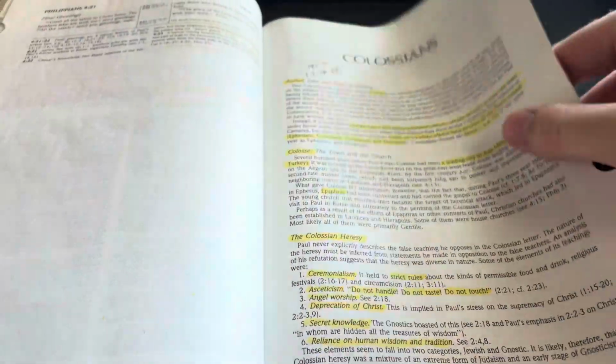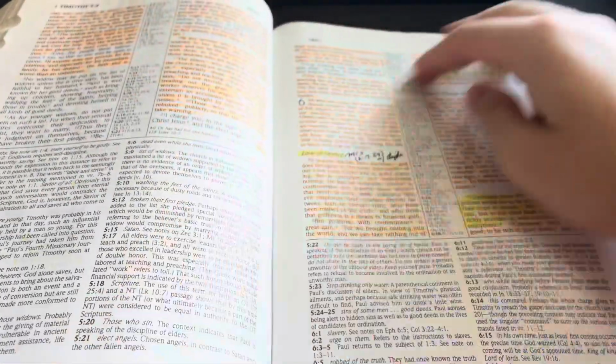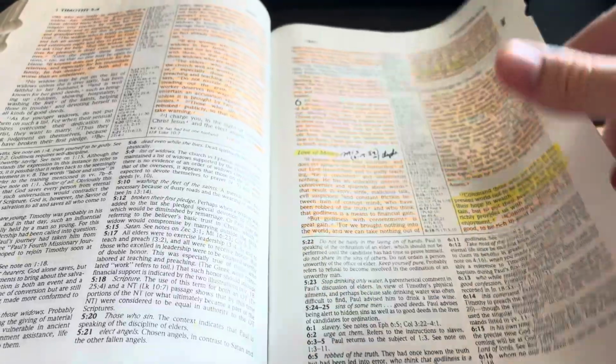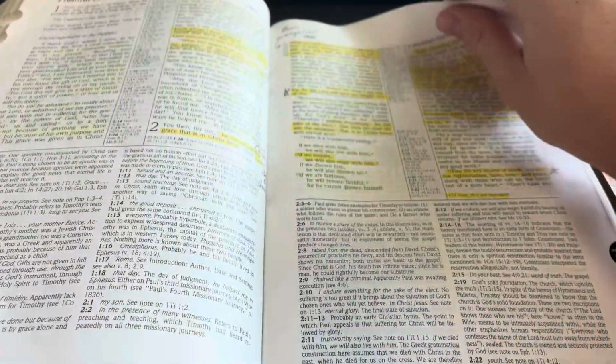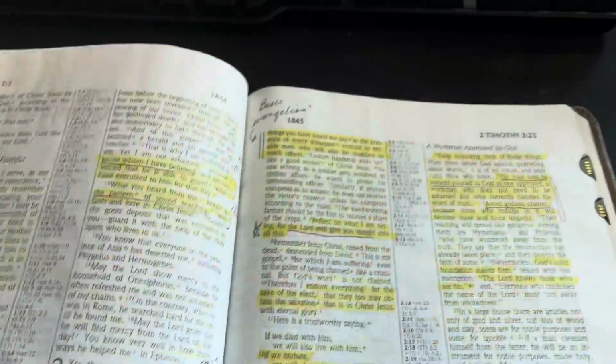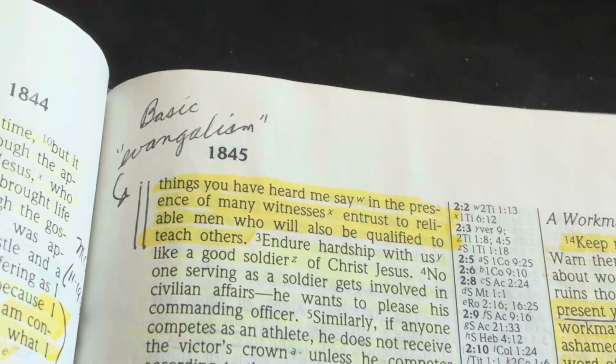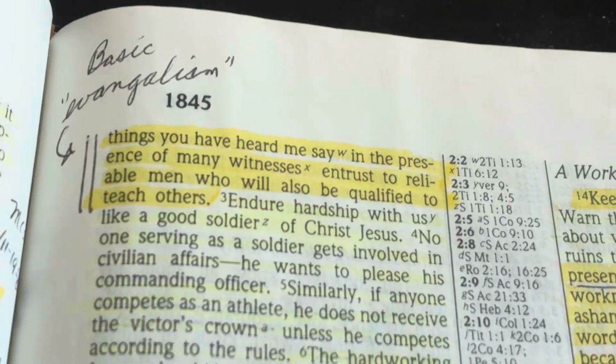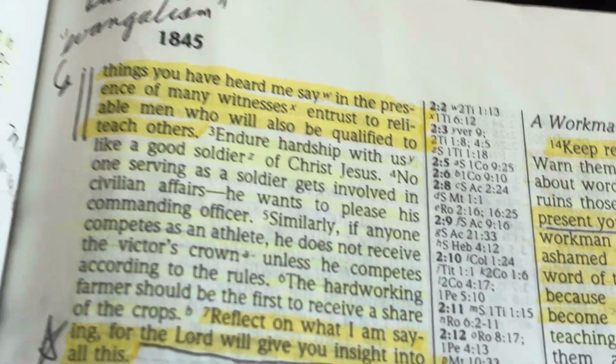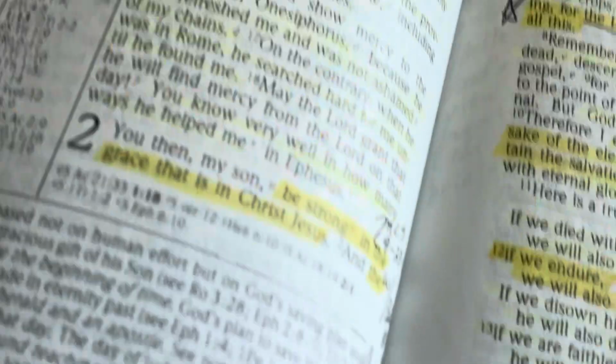Skipping along again. I'm just, I don't know, skipping. Okay, there's another note right here. Basic evangelism. I'll read this up here on this first page.